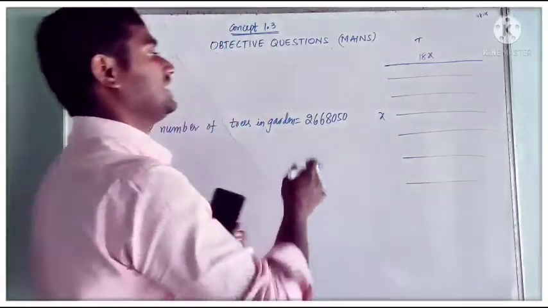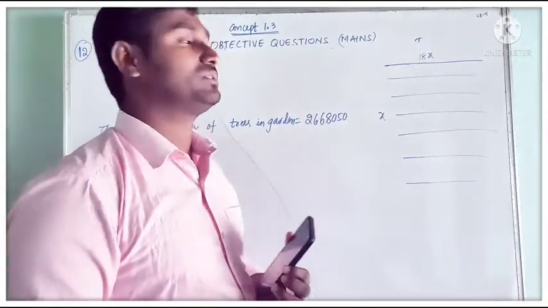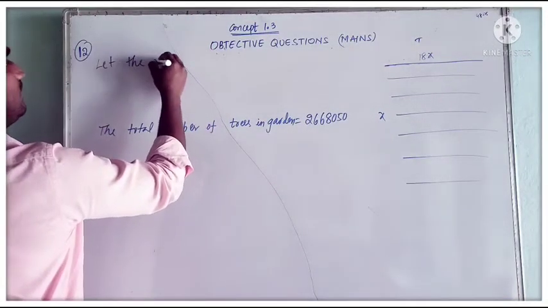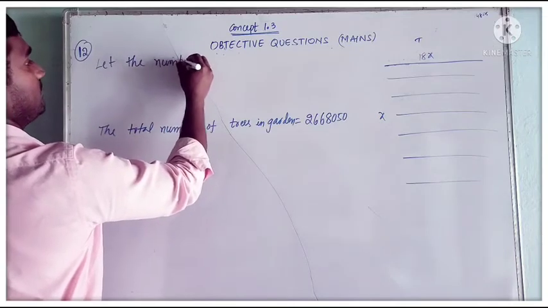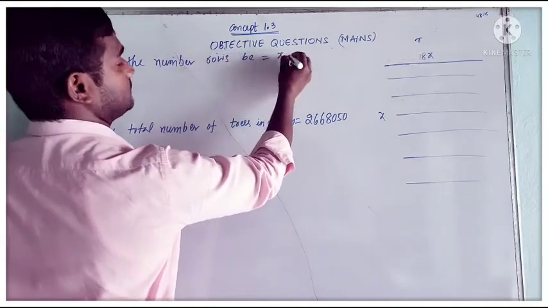We don't know the number of rows in the garden, so you can assume let the number of rows be x.